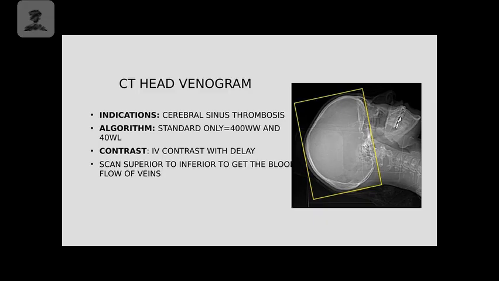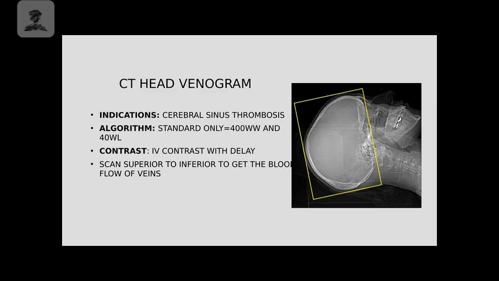IV contrast is important. We have to do it. If we don't have contrast, we can't see the blood flow. We can't see it go into the sinuses and then where it's stopping. So we will inject contrast. The only problem with this is when you inject into your arm, it's going to go through your vein back to your heart. So then we have to wait for the blood flow to pass through the heart, the blood flow to pass through the arteries.